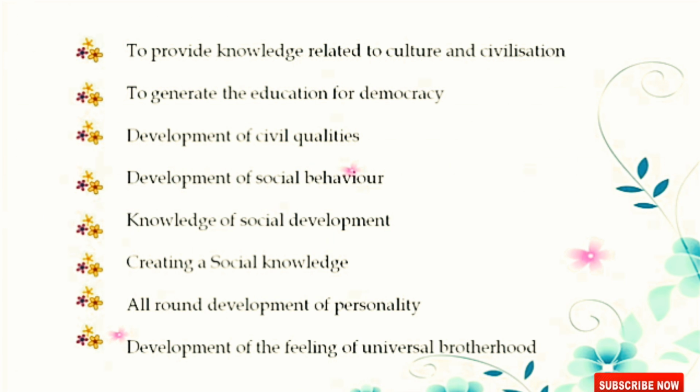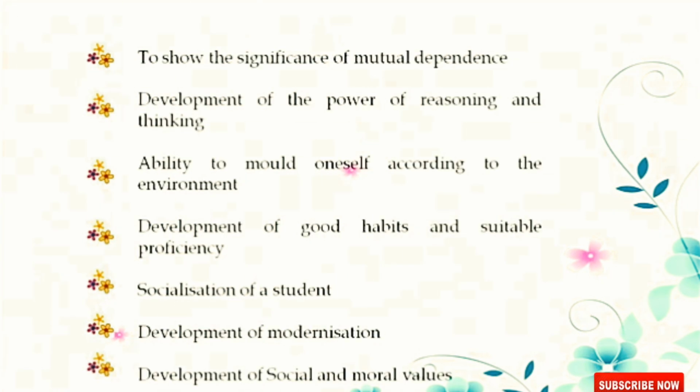Development of civic qualities is an essential part of any nation's development. Development of social behavior, knowledge of social development, creating social knowledge, all-round development of personality, development of the feeling of universal brotherhood. That is essential for the present time to show the significance of mutual dependence.